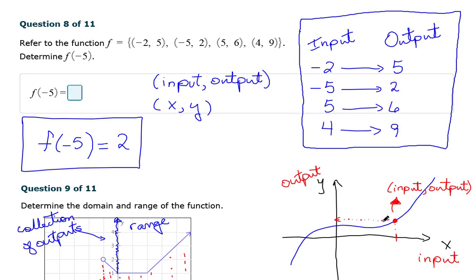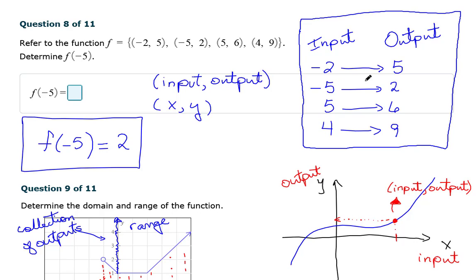Question 8. They are giving me a function in terms of some points. Well, what do these points mean? Well, the first number is the input and the second number is the output. So what this is telling me for this first point, minus 2, 5, is minus 2 produces an output of 5.